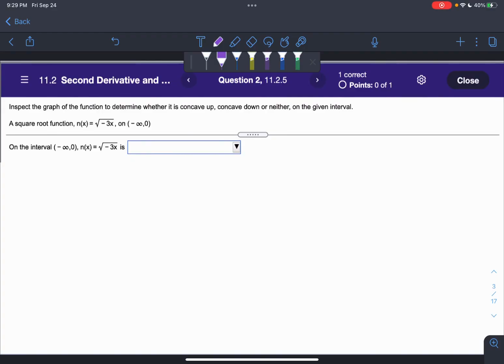So now we have a different function, n of x. Let's rewrite n of x because I don't like dealing with square roots. So I'm just going to use this little power trick. Make the power 1/2. That's the same thing as square root. And again, same kind of interval. And so let's take our first derivative.